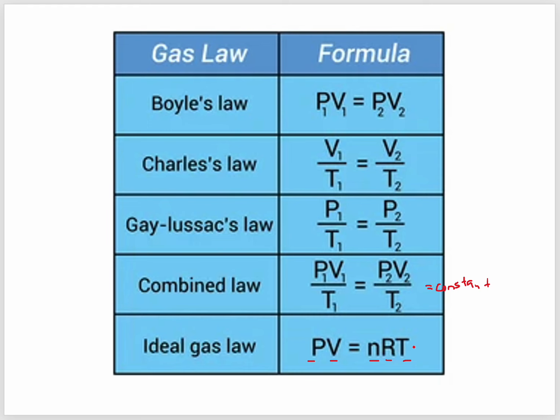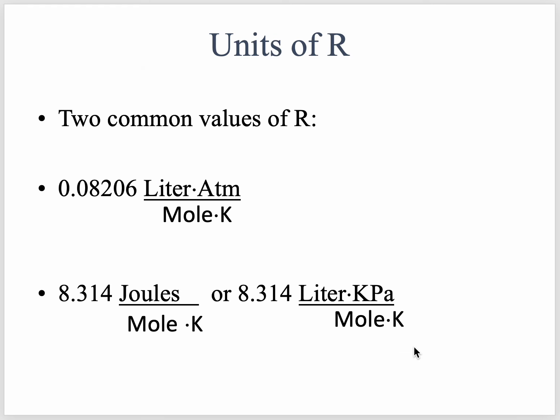Ideal gas equation: PV = nRT. In order to use it, you must know the gas constant. Here we have two different gas constants: 0.082 liters atmosphere per mole per Kelvin, and 8.314 joules per mole per Kelvin, or liter kilopascal.